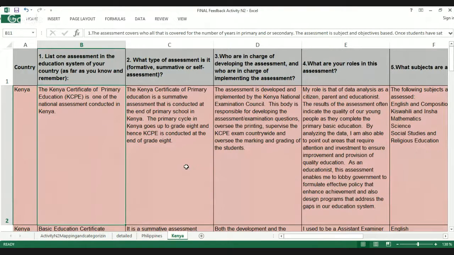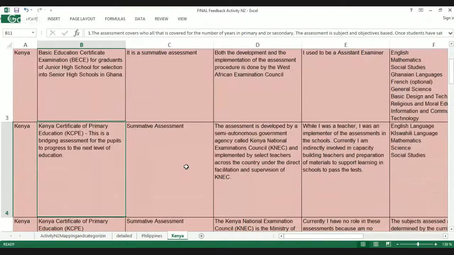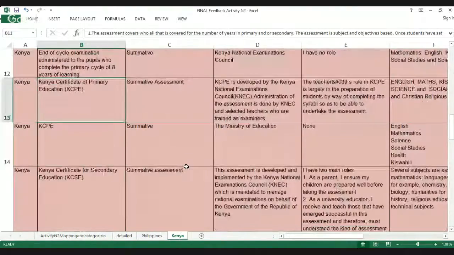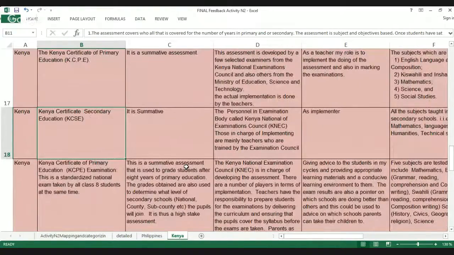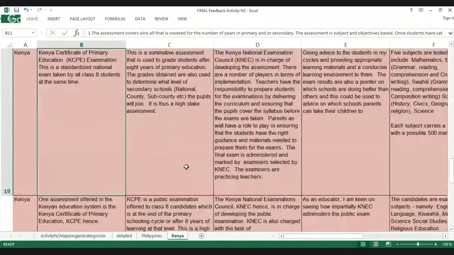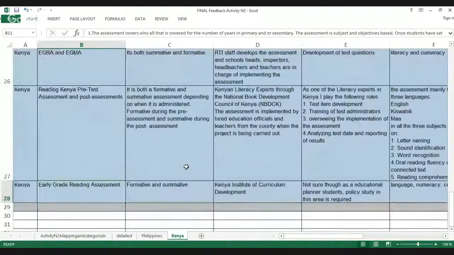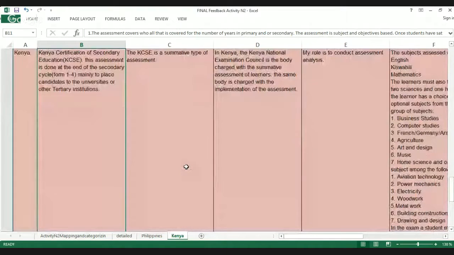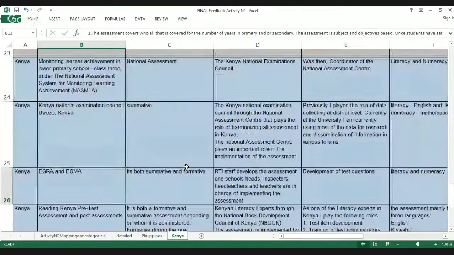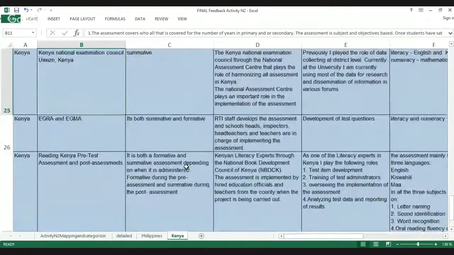You remember that in activity 2, the question was to list only one that you can think of or remember. Interestingly, 80% of the Kenyan participants went for the Kenyan Certificate of Primary Education. That is very interesting for me. The rest, about 20% of the participants from Kenya, listed some kind of learning assessment, like the international ones, EGRA, EGMA, and so on.